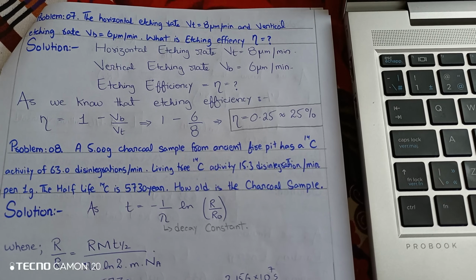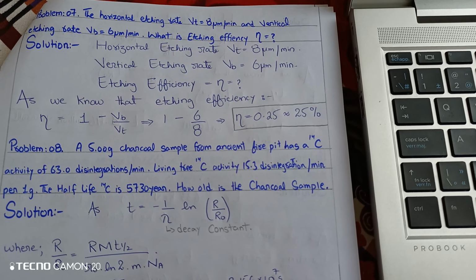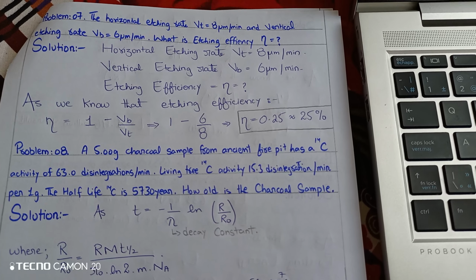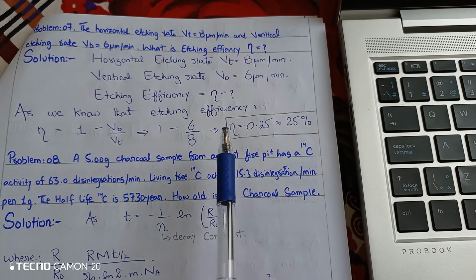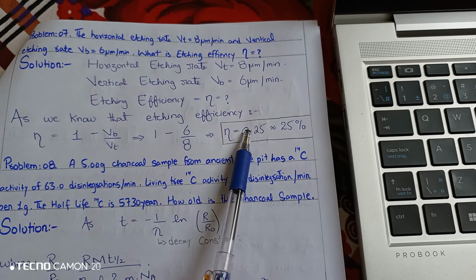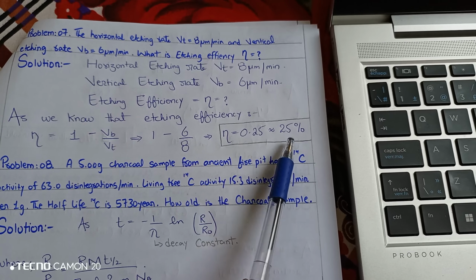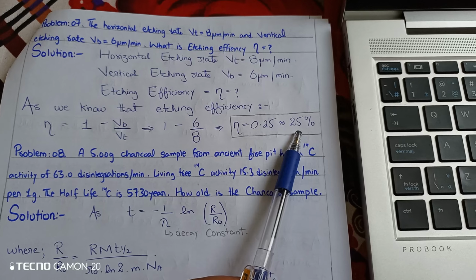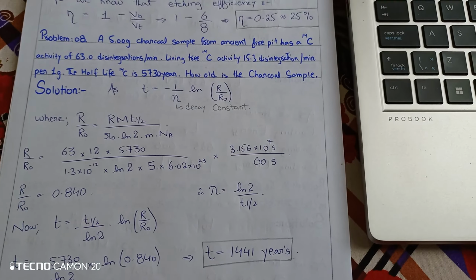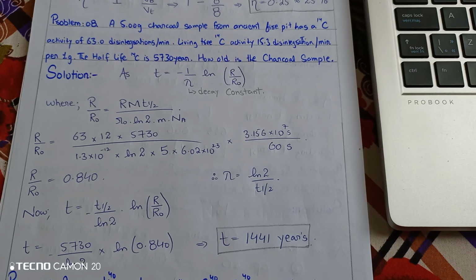Just putting the value of Vb, which is 6, and the value of Vt, which is 8, 1 minus 6 by 8, you will get eta equals 0.25. When you convert this into percentage, multiplied by 100, you will get 25%. So the efficiency is 25%. Now move on towards our eighth problem.